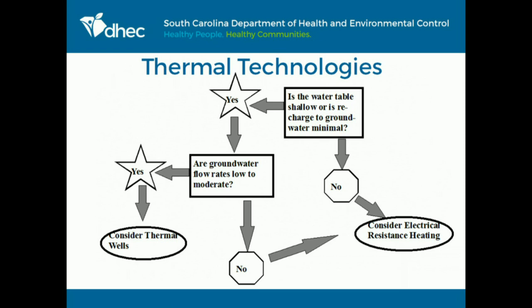However, if your water table is not shallow or if recharge to groundwater is not minimal, if you have a lot of water in the vadose zone, then the decision tree is going to recommend electrical resistance heating. That's because electrical resistance heating depends on moisture being present, whereas thermal wells do better when moisture is absent. So that's just a little bit of information for you on thermal that I learned by looking at how these different thermal technologies actually worked.